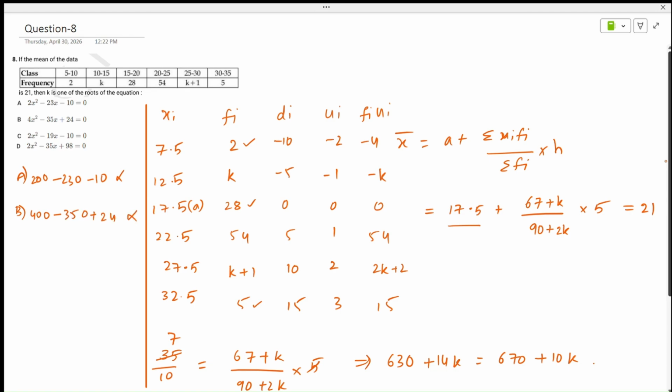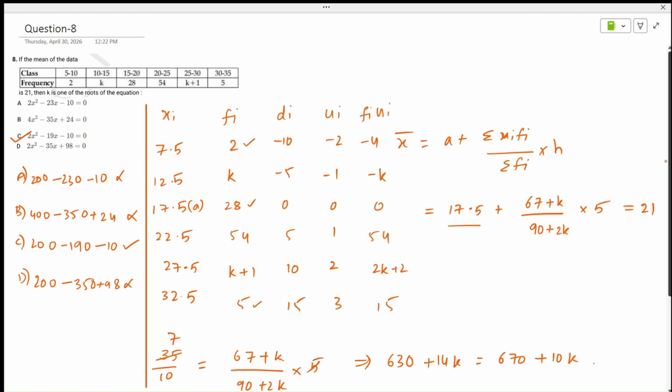So this also will not satisfy. So let's check for C. 200 minus 190 minus 10. Yes, k equal to 10 is satisfying option C. So I think the answer is C. Let us check for D also. So it becomes 200 minus 350 plus 98. So our answer is option C.